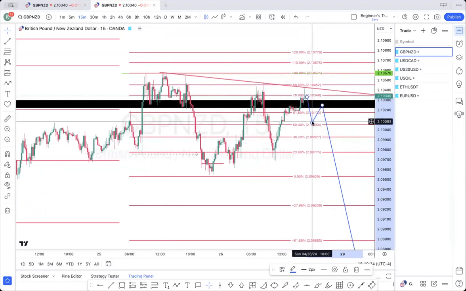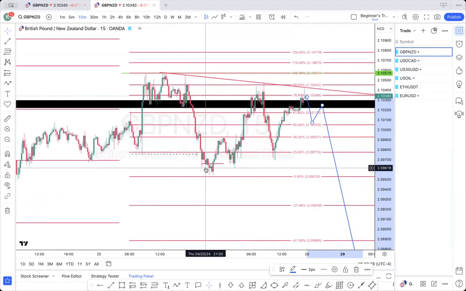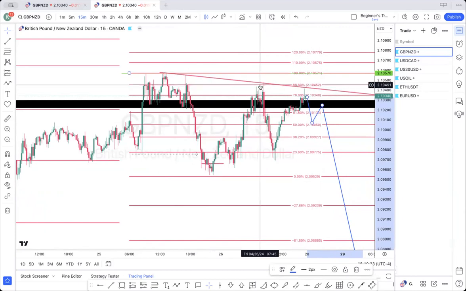Now, what I'm looking for: this is the first confirmation. It broke structure. The second confirmation, it pulled back to the 78, 88, sold and started breaking structure, right? That's my second confirmation. My third confirmation now is I'm waiting for price to break this low, pull back to my zone.